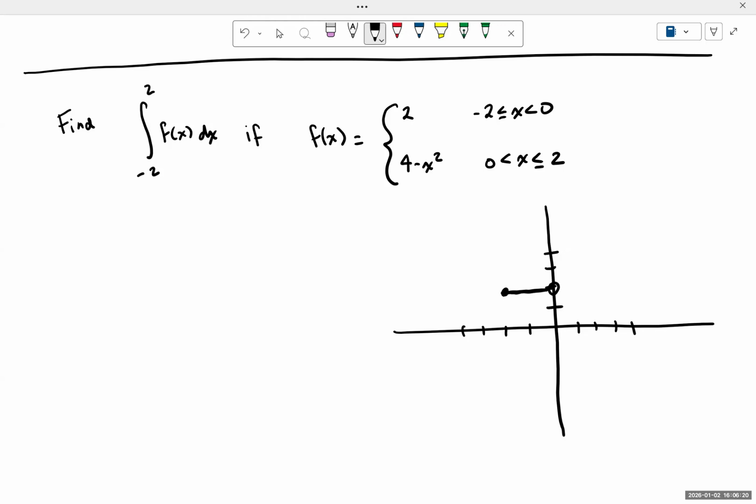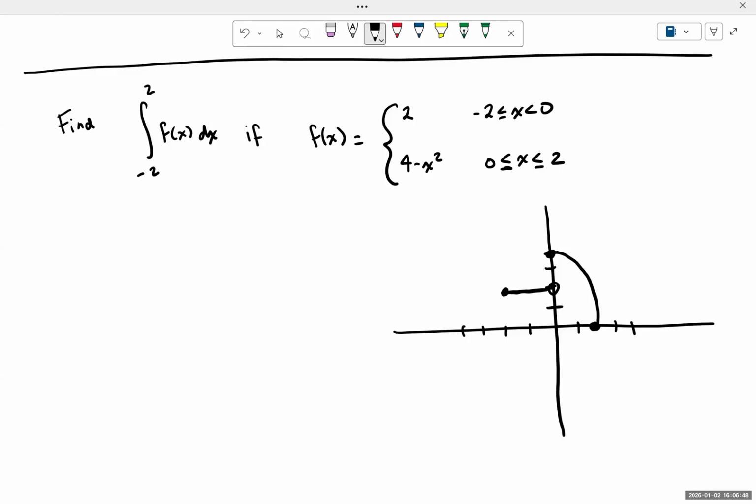And then this is going to be 4 minus x squared, so it's going to be here. It was supposed to be defined everywhere. So it's going to look something like this. Sorry, it's a bad graph.